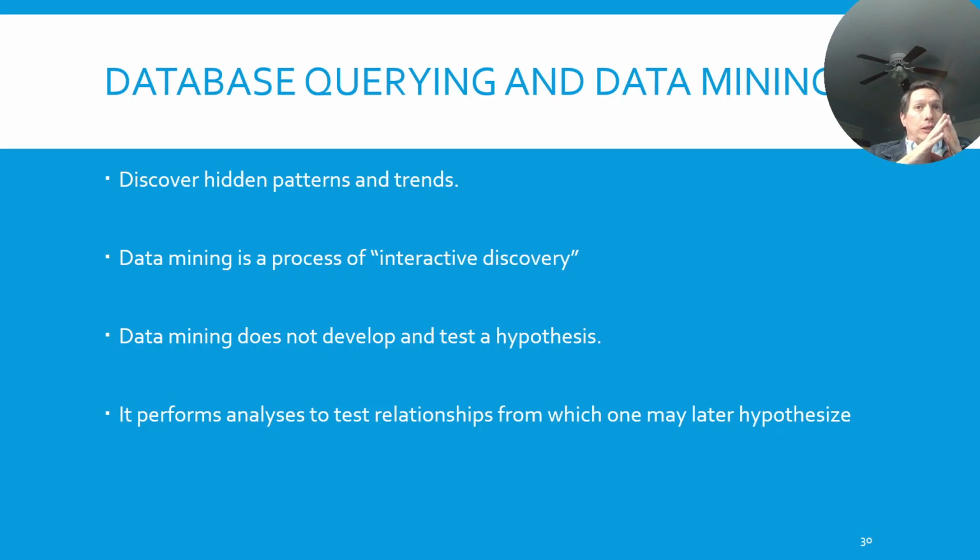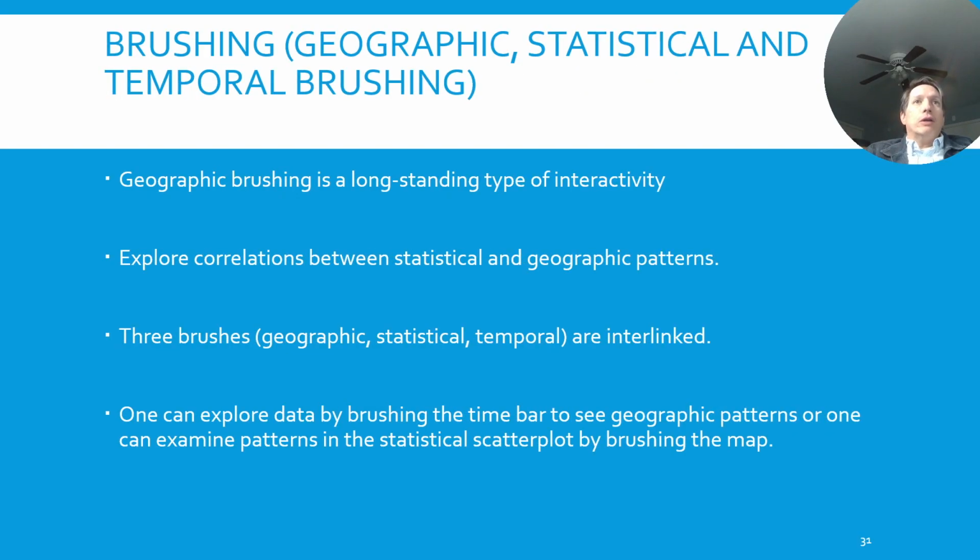Data mining does not really test a hypothesis, but can help you to identify possible relationships, and then you create your hypothesis. Then you can do those analyses to test those relationships, and that could be your hypothesis in which direction the relationship is established.